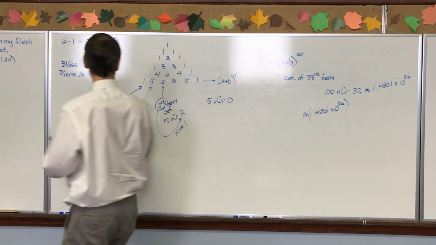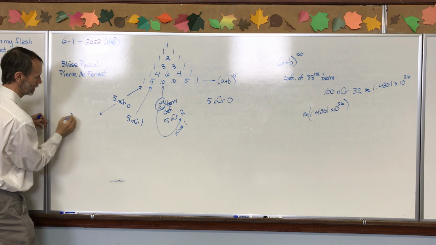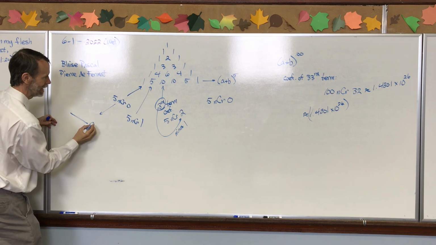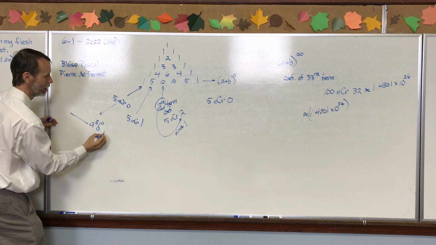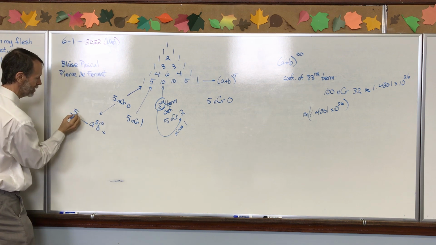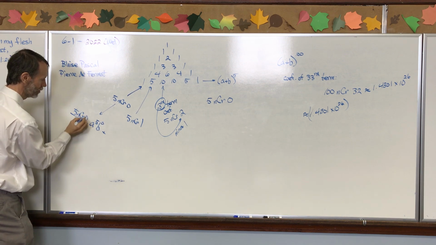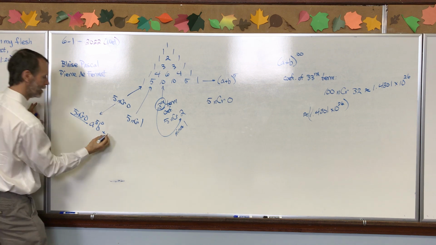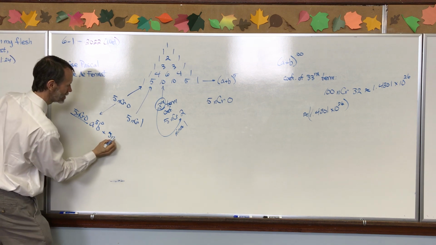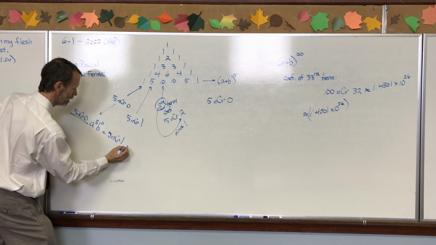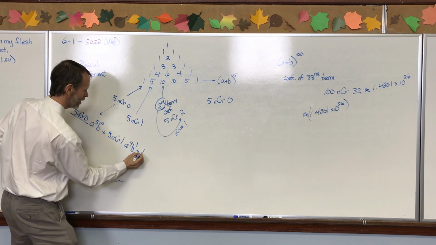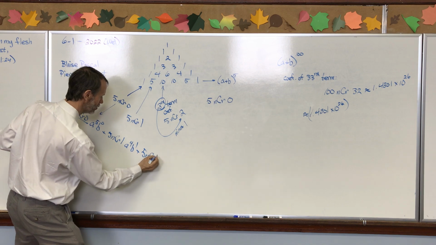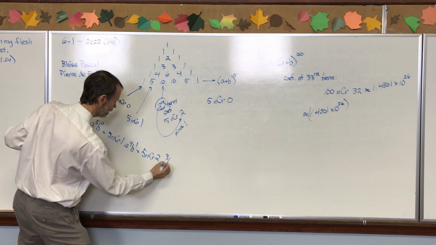Let me do the small one: a to the 5th power, b to the 0. The next one, this is 5 nCr 0, that, plus 5 nCr 1, a to the 4th, b to the 1st, plus 5 nCr 2, a to the 3rd, b to the 2nd.